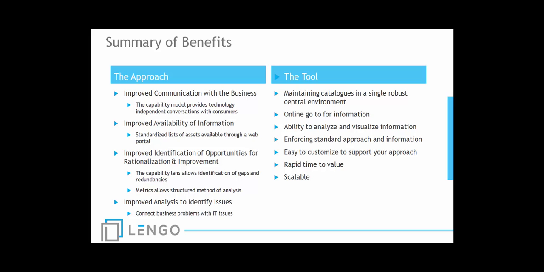And the standardized methodologies and approach provides for a consistent approach that everybody can use. But of course, this particular approach can also be customized to support the needs of your particular enterprise. And this provides a rapid time to value, which is one of the key deliverables and benefits of using the software as a service erwin EA platform.